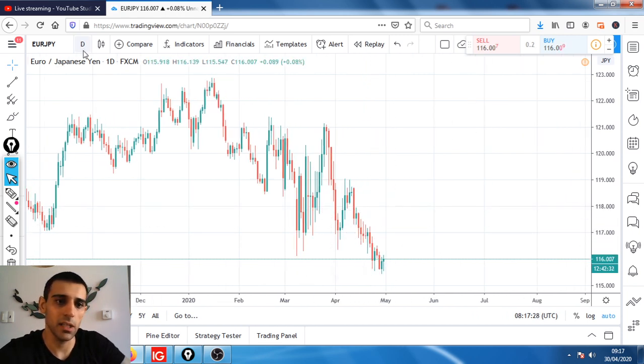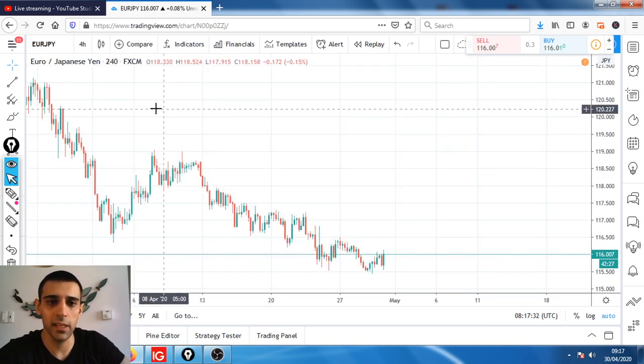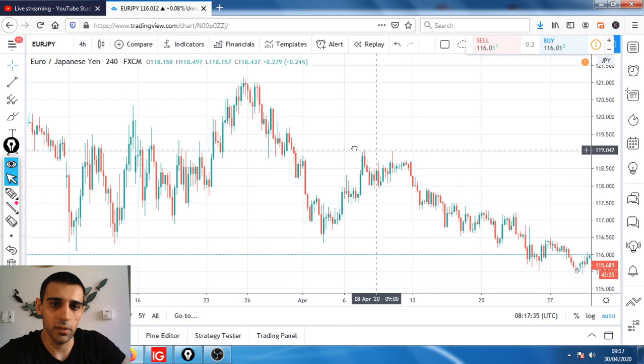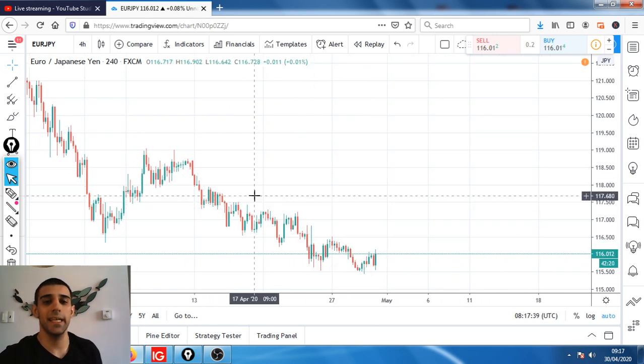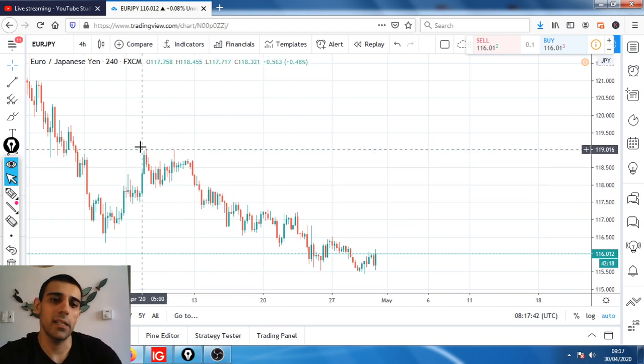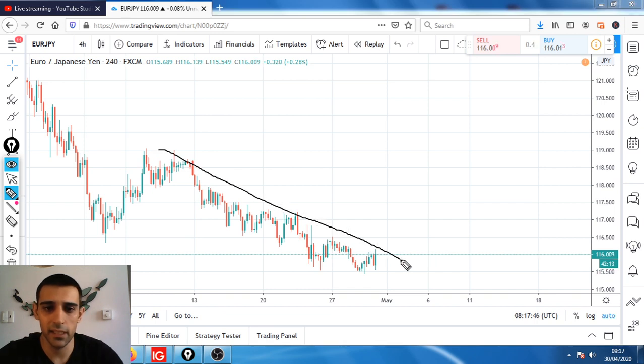So I want to see clearer candles rather than what I see at the moment, especially on the daily time frame. Actually, it doesn't look as bad on the 4-hour time frame, but on the daily time frame I do not like it. On the 4-hour time frame we can see that the trend is steadily going towards the downside, and now it's making marginal new lows.